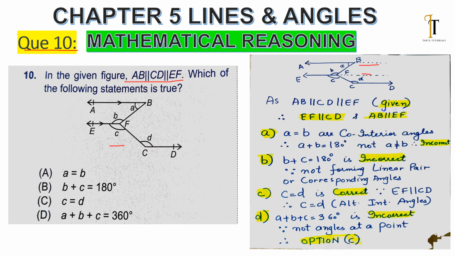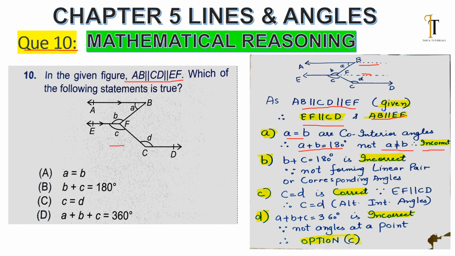If AB is parallel to CD parallel to EF, then EF is parallel to CD and AB is parallel to EF as well. In statement 1, it's given that A is equal to B, but if AB is parallel to EF, then A plus B must be equal to 180 because it looks like co-interior angles, not A equal to B. Therefore, statement A is incorrect.